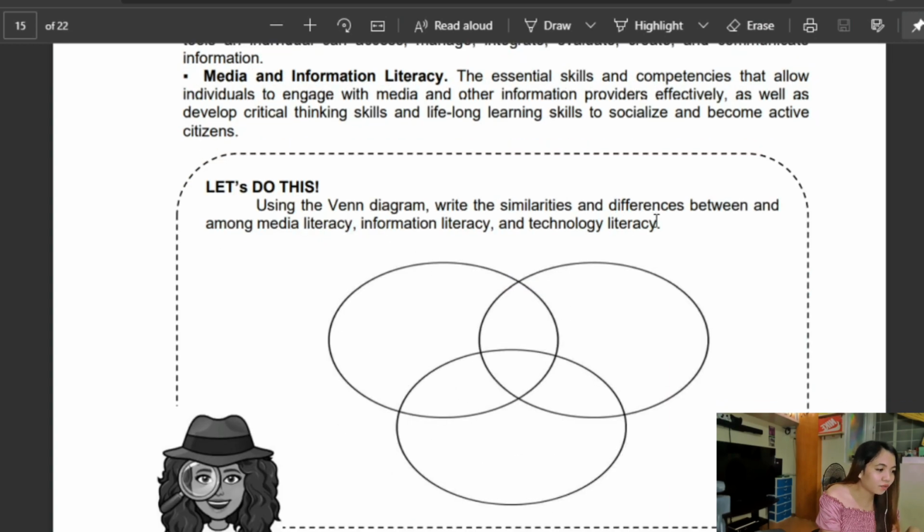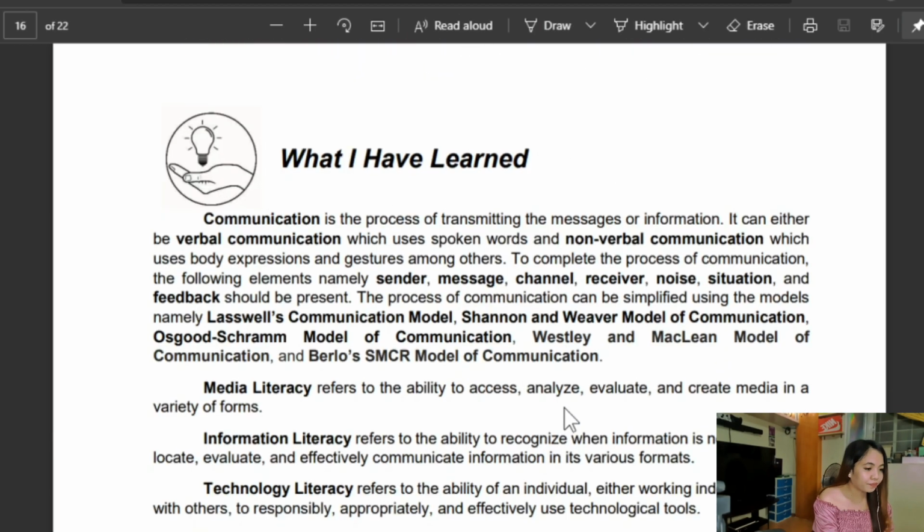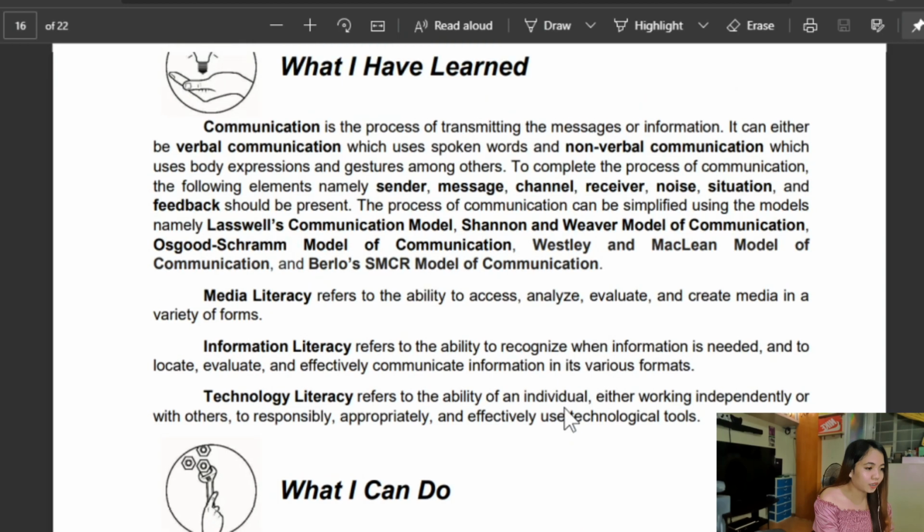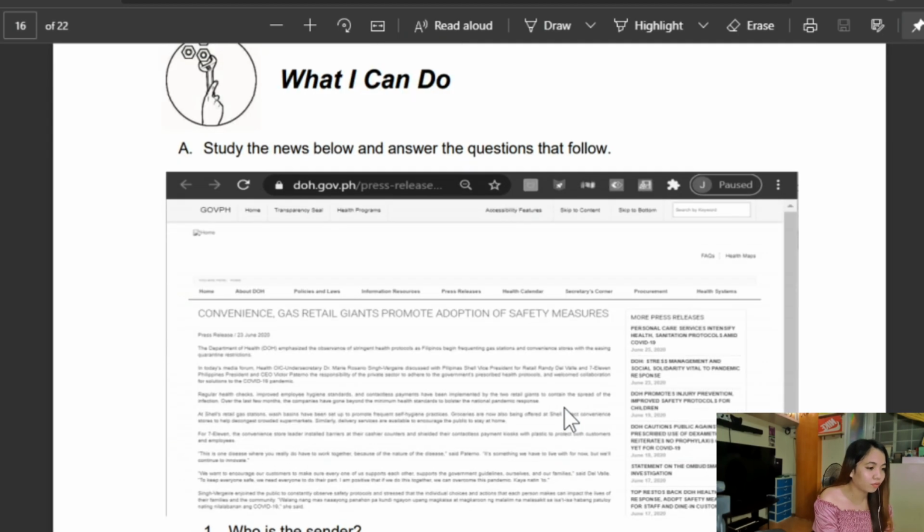In this Venn diagram, you will write the differences between and among media literacy, information literacy, and technology literacy. Write the differences in the outer part, and then the similarities here. Please watch the earlier vlog I posted. These are just a review of what you learned.